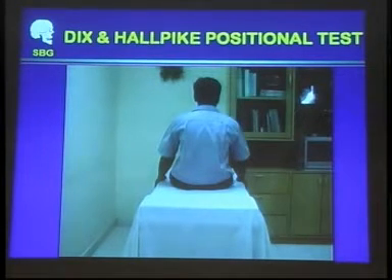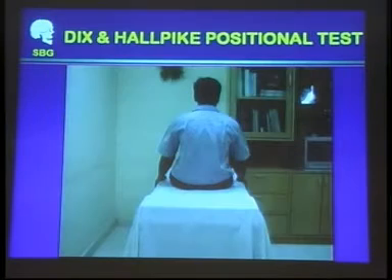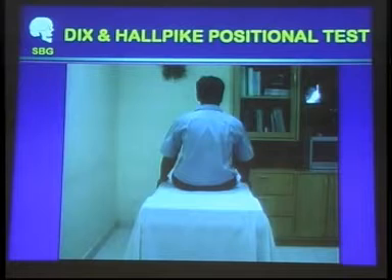So the first time you always do it on the opposite side, because if the patient feels dizzy immediately, they are not so cooperative. Always explain to the patient that you're going to feel dizzy and it's going to be transient, so don't worry about that.